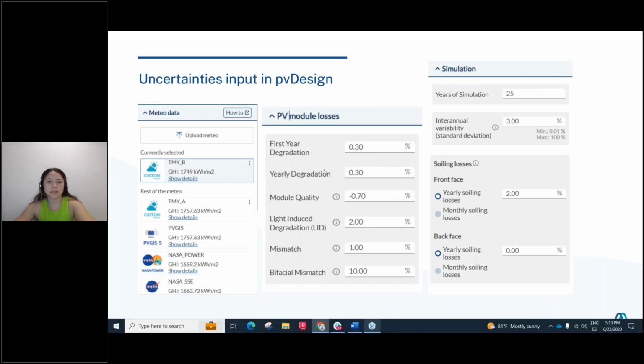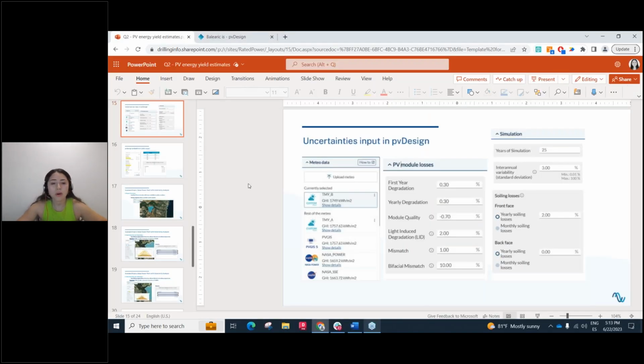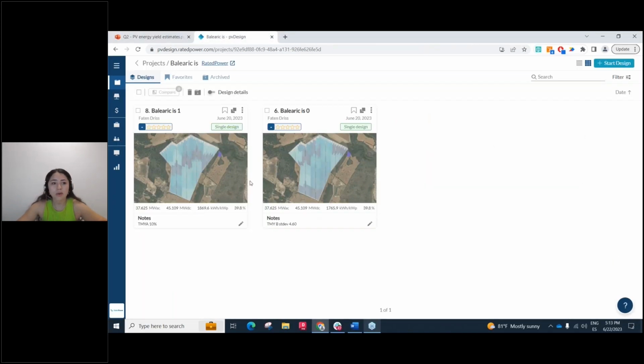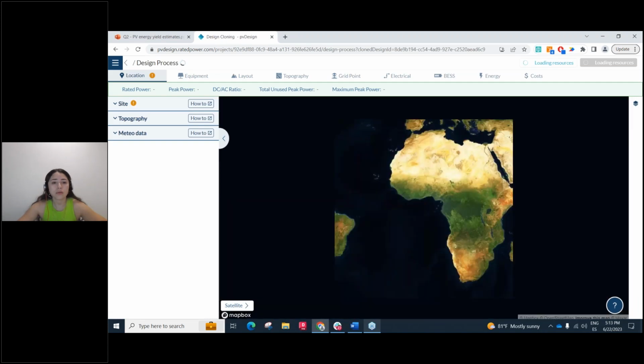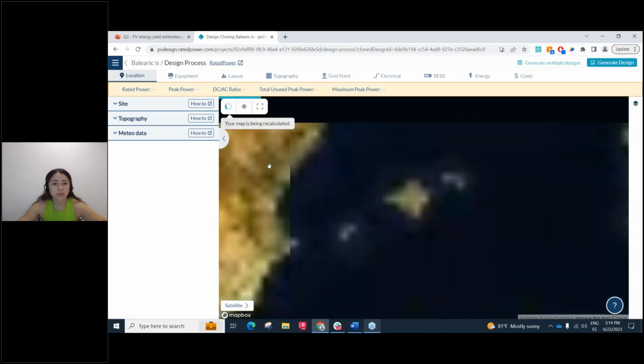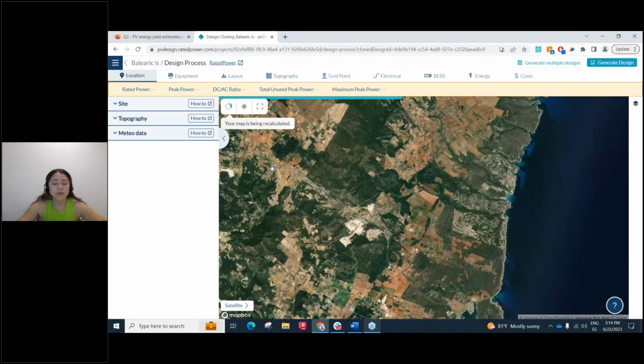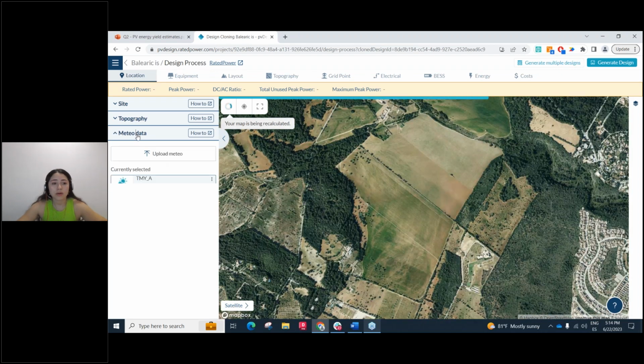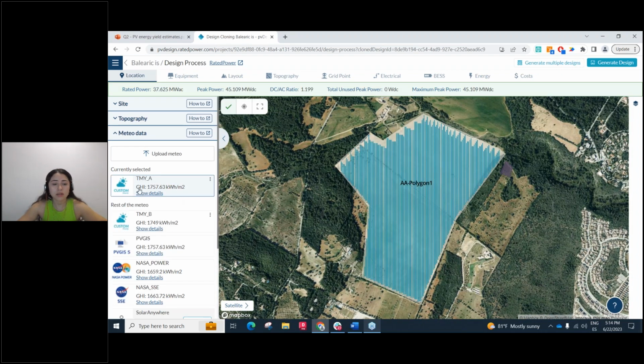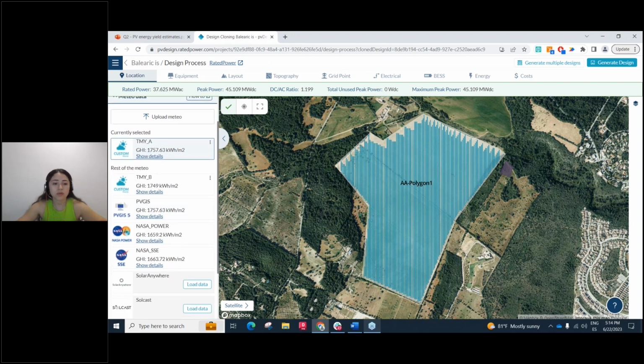So let's see inside pvDesign where to input these uncertainties. Here we have the example that I will show and explain after. When you clone the design and you are inside the design process, you can enter your meteo file in this section, and also you can see here the global irradiance value, the different values from different sources.